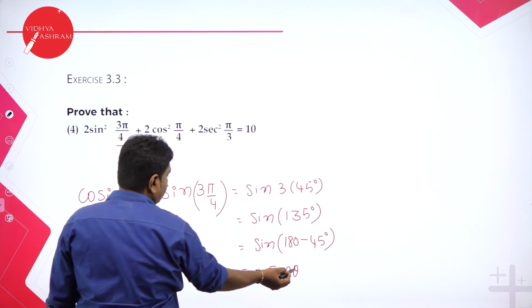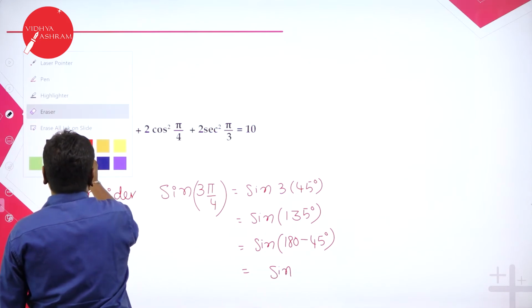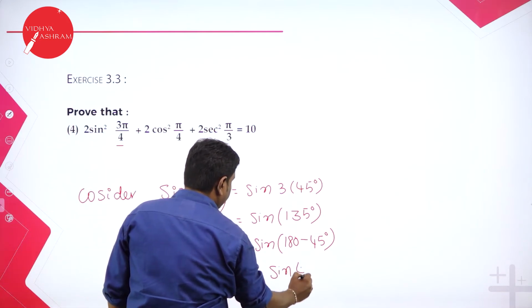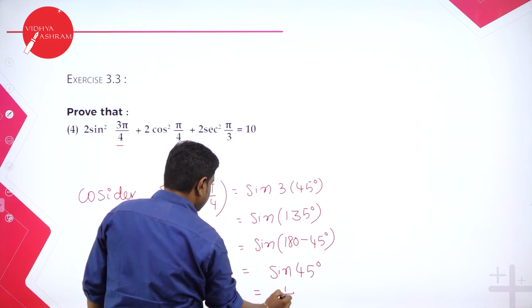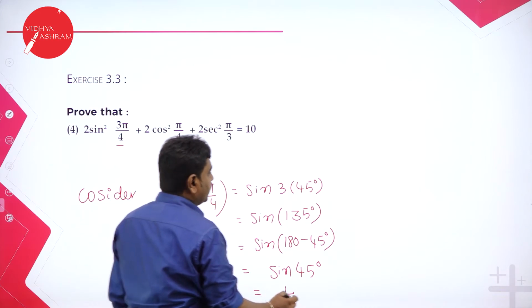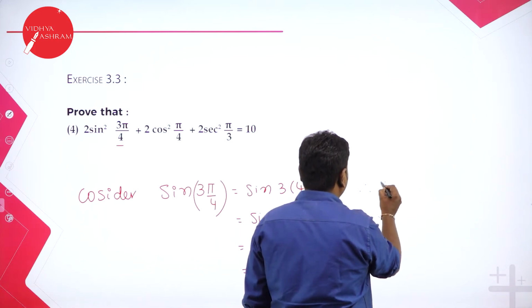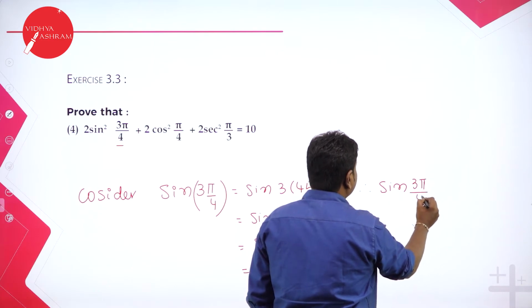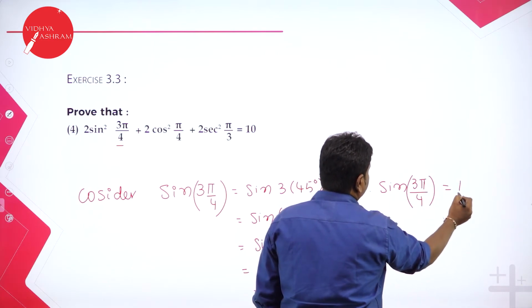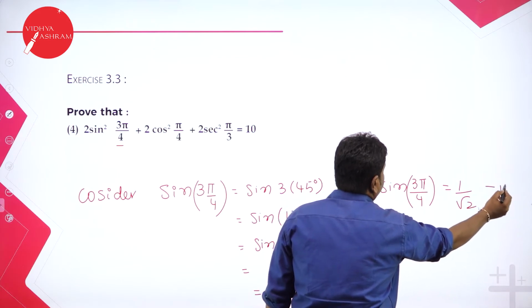Here in the place of theta what do you have? 45. Sine of 180 minus 45 is sine 45 degrees. So what is sin 45? 1 by root 2. So using the allied angle, sin of 3 pi by 4 is exactly equal to 1 by root 2. It is the same as sin 45. Got it as equation 1.